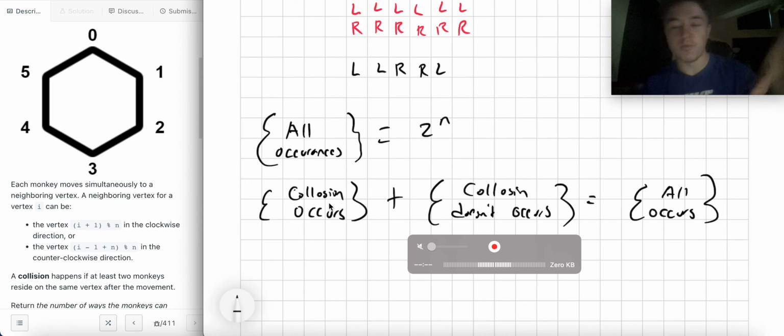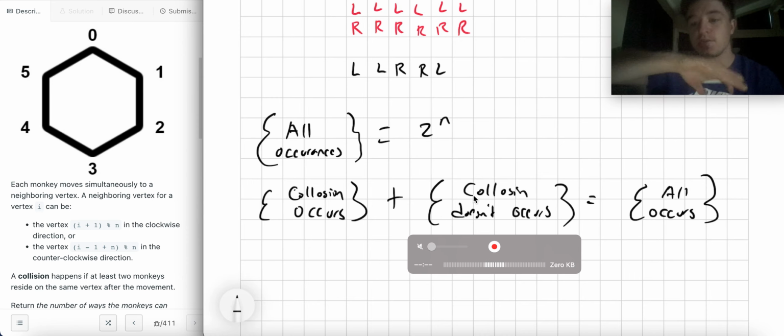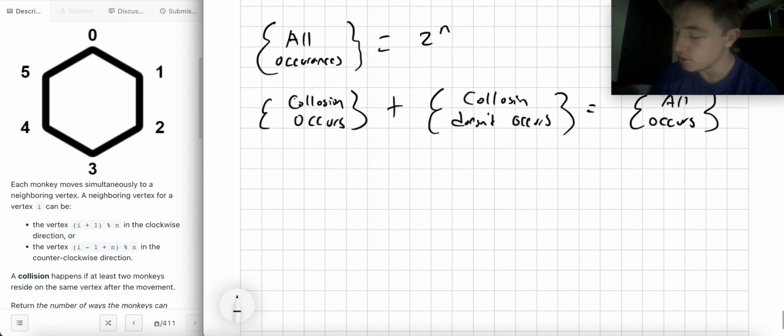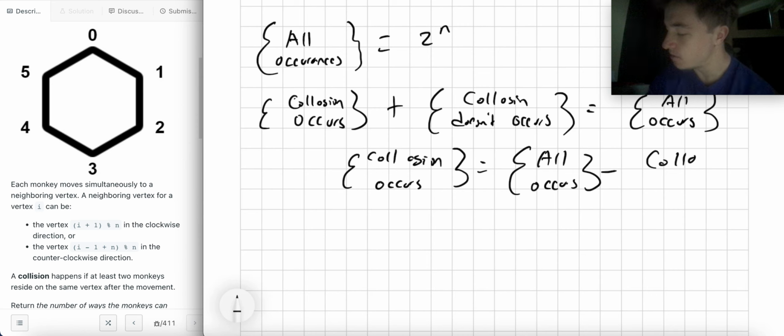This is all the ways that a collision occurs, so that's some part of the system. This is all the ways a collision doesn't occur, so that's some other part of the system, and together they gather all possible ways. So if we want the number of ways a collision occurs, that would just be all occurrences minus the ways a collision doesn't occur.